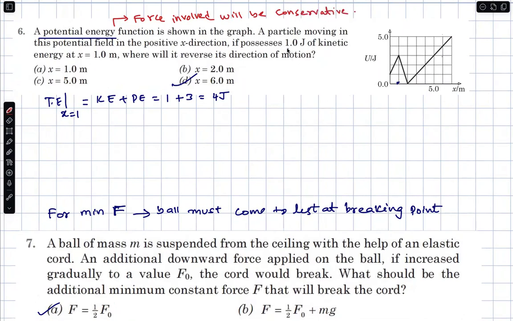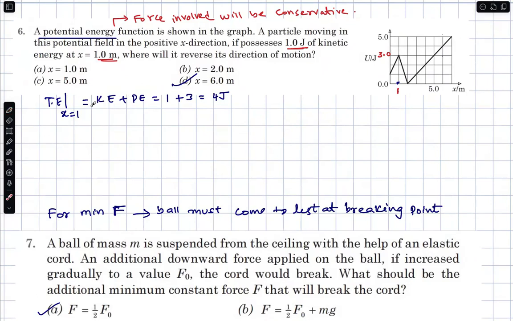Now, one more important point is it possesses 1 joule of kinetic energy at x is equal to 1 meter. Notice that at x is equal to 1, it has 3 joules of potential energy.